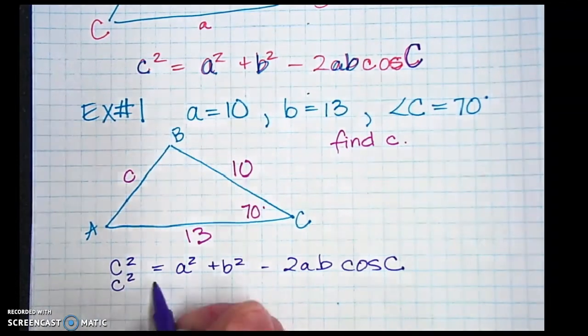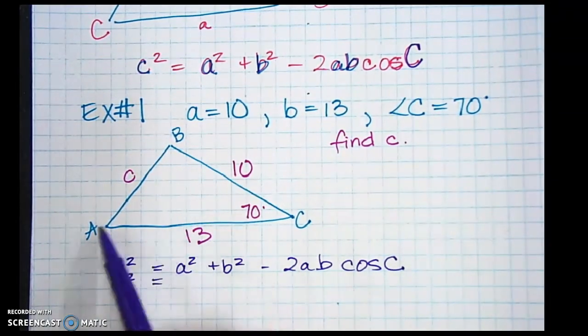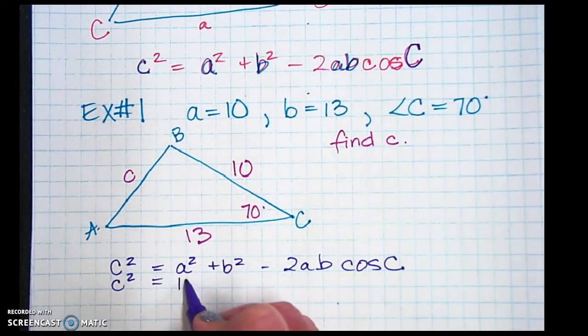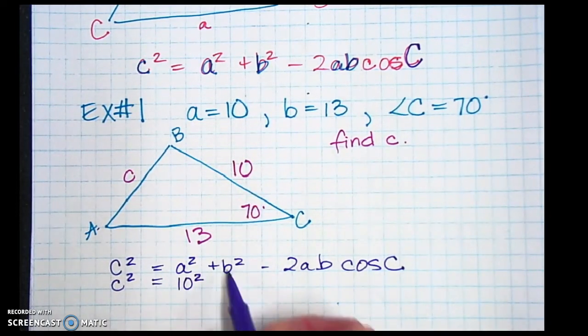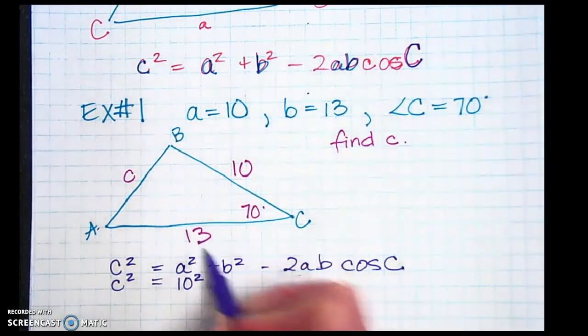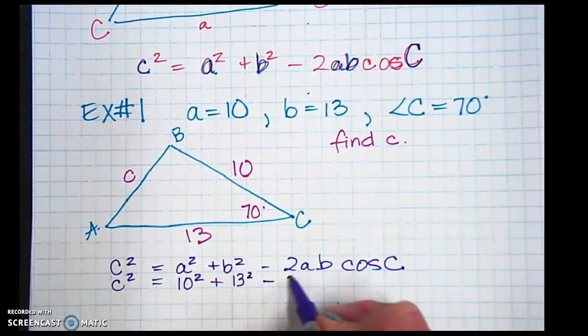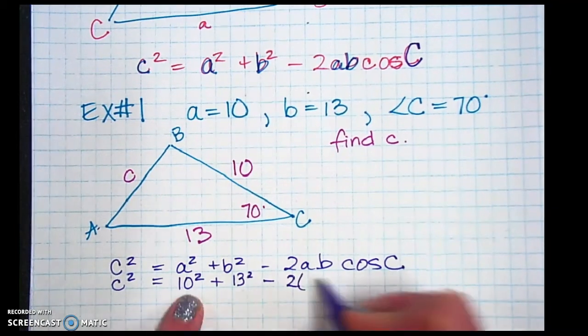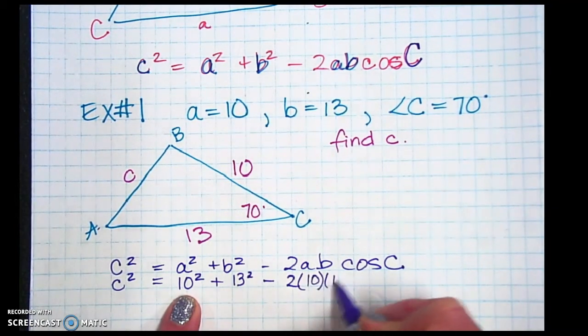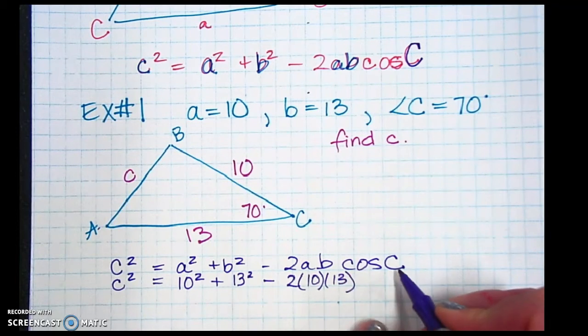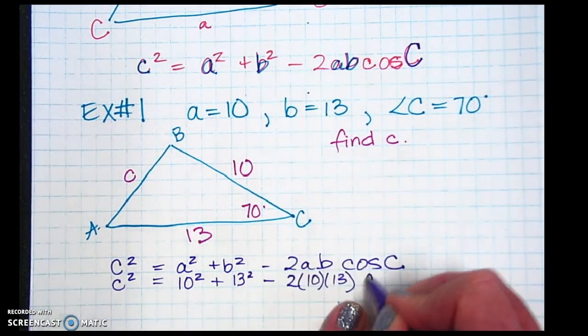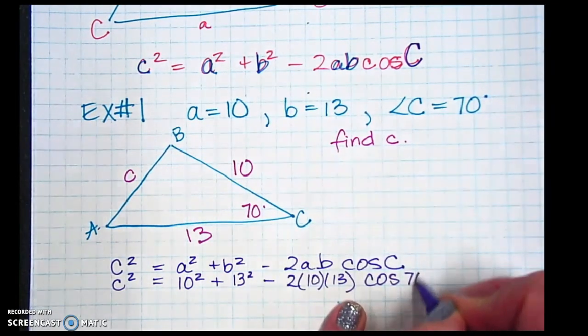So we're just going to say C squared equals, and then A squared, we're going to plug in 10, so we'll have 10 squared. B squared, we have 13, so we're going to plug in 13 squared, minus 2 times the 2 numbers I just plugged in, the 10 and the 13, and then the cosine of C, so the cosine of 70 degrees.